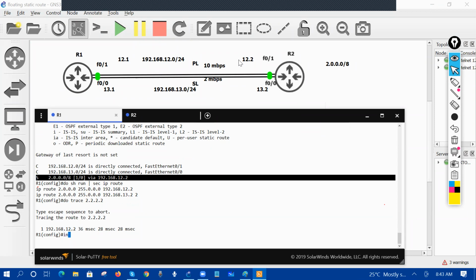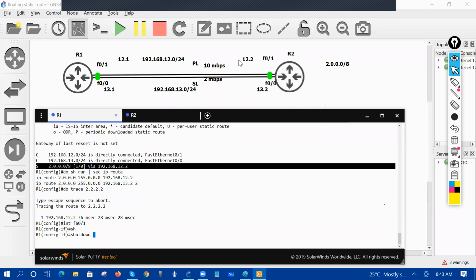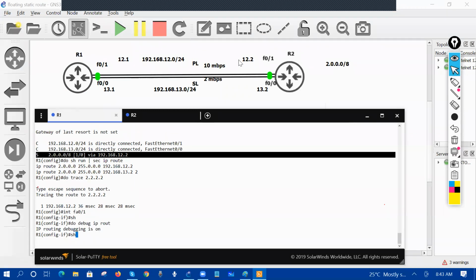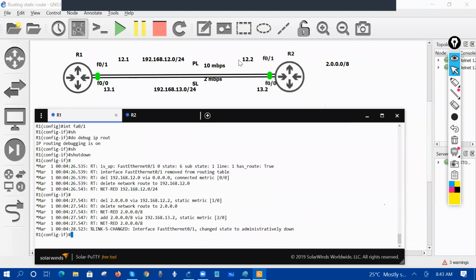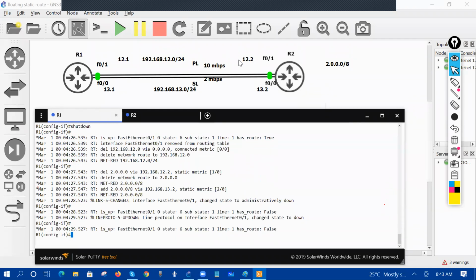And somehow if the primary is not available, what happened? I'm removing the primary route, 12.0 is deleted now. And whatever route is associated with 12.0 is also going to be deleted now, 12.2. I'm left with the route that has AD value 2.